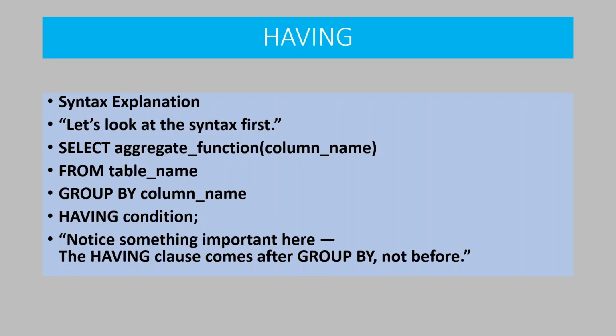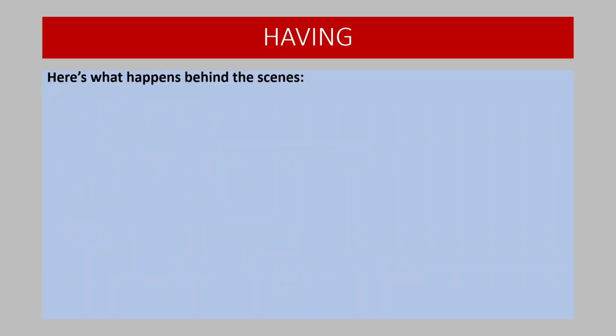Okay. So now let's see what exactly happens behind the scenes. This is the order of execution. The syntax is one thing, but the order of execution is different. First, the FROM clause will be executed, that is, SQL fetches the data from the table.